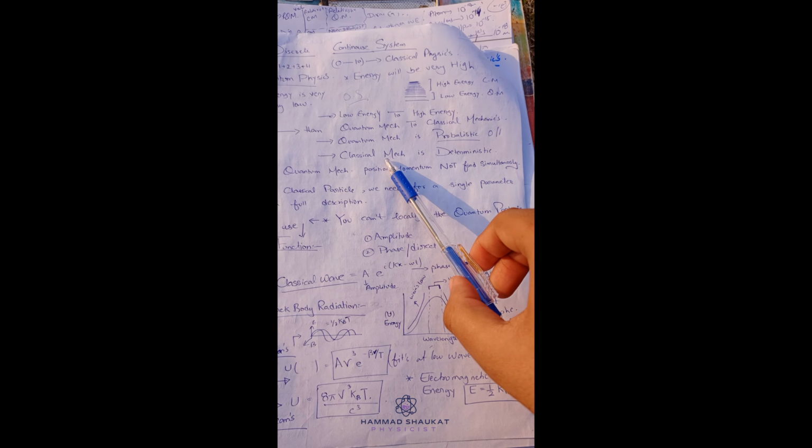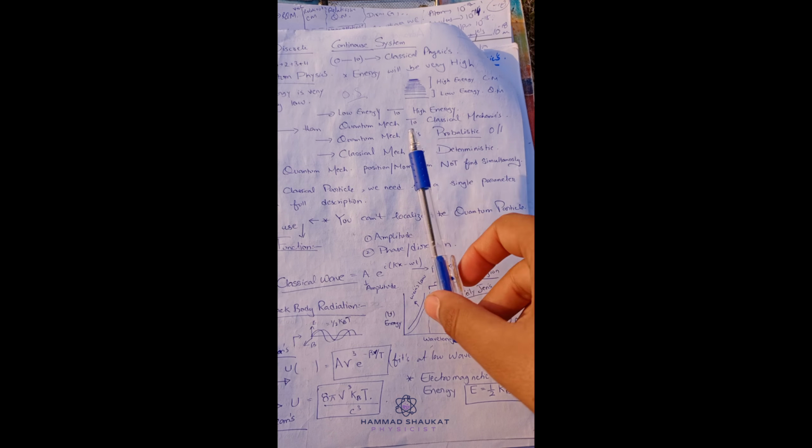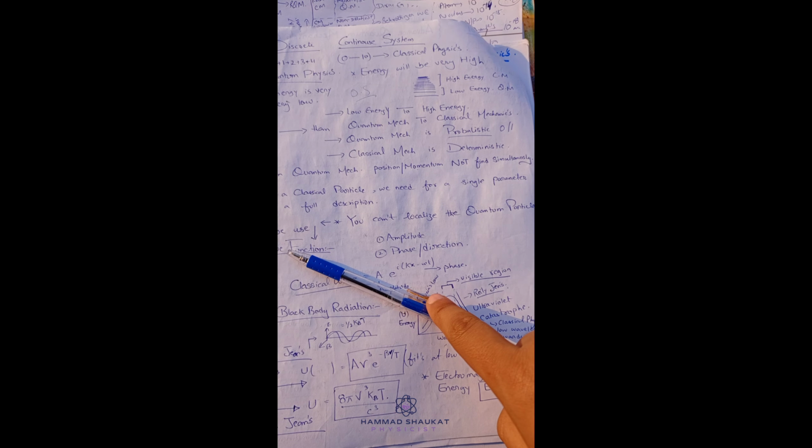So classical mechanics is deterministic. What is meant by deterministic? Deterministic means you are fixed, you are certain that this pen is on that page. But in quantum mechanics you are just probabilistic, because quantum particles are very small and not at rest. At random times a particle moves from here to here, sometimes there, not at a single point.